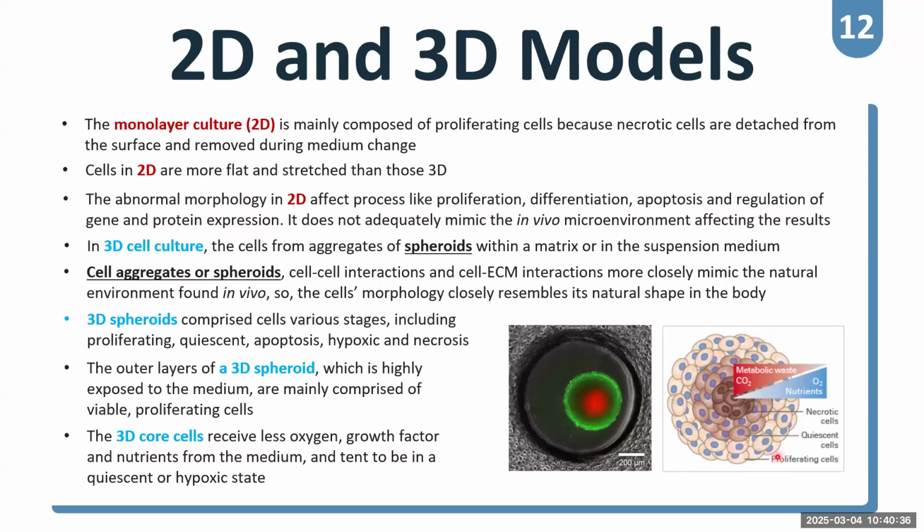We call it proliferative because it receives a lot of nutrients and oxygen. They can grow and proliferate and make the 3D spheroid or organoid bigger and bigger.